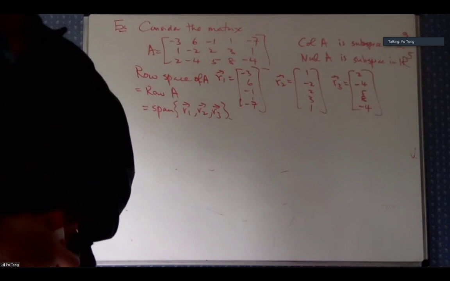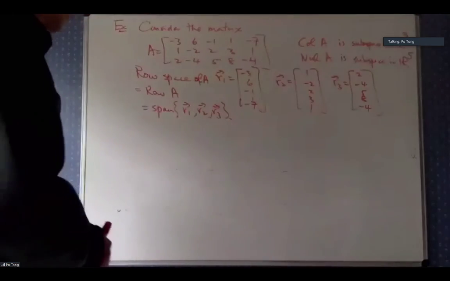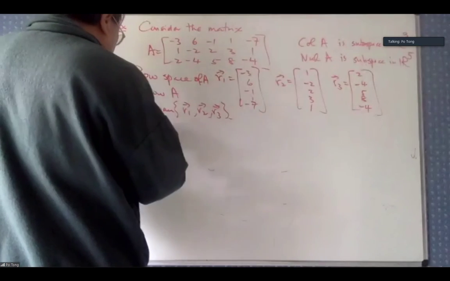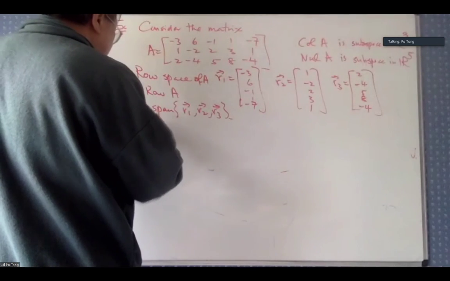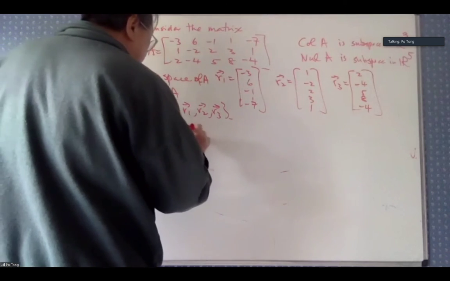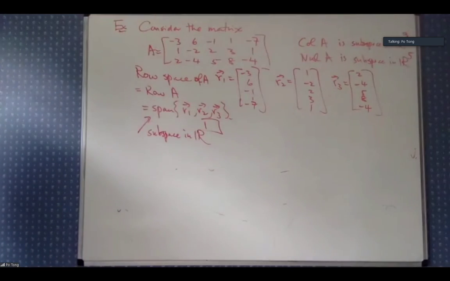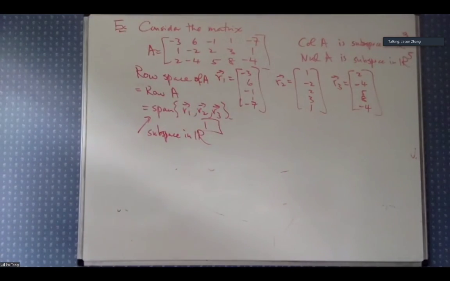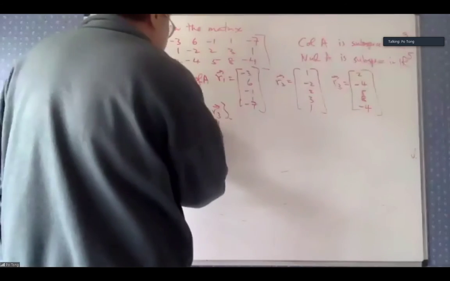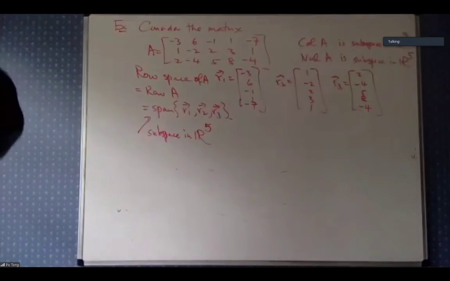Row space is spanned by the rows of A. Column space is spanned by the columns of A. So this is a subspace in what? R3 or R5? R5, yes, 5 entries. Okay.